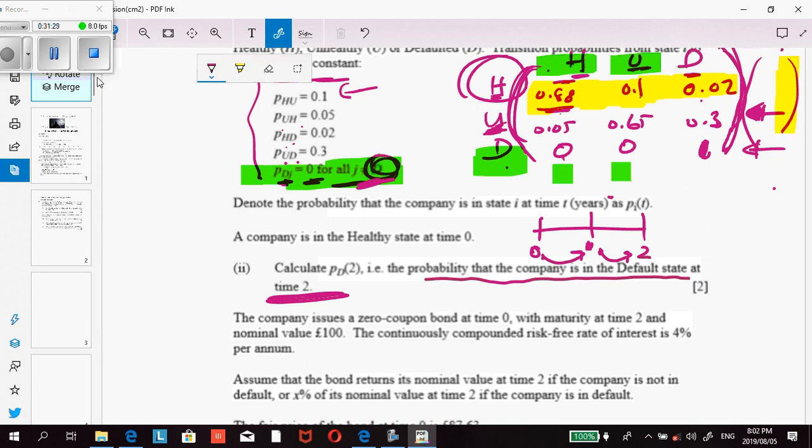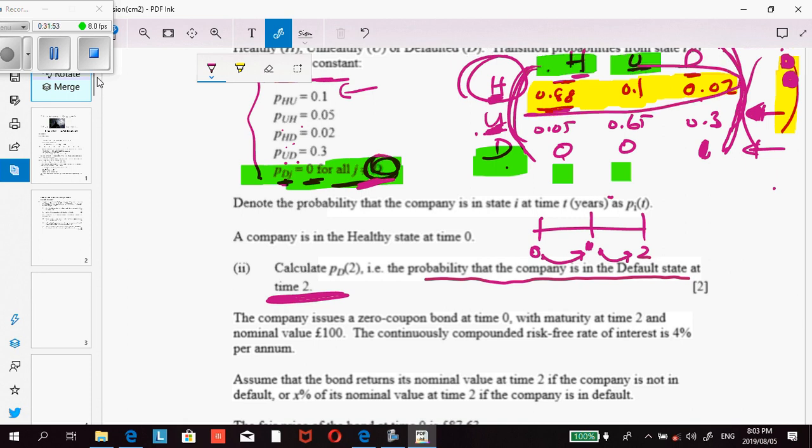Do you agree with me that I will get the last entry here, which is D, which is default? I'll get the last entry here, which is default, given that we were in the healthy state at time 0.